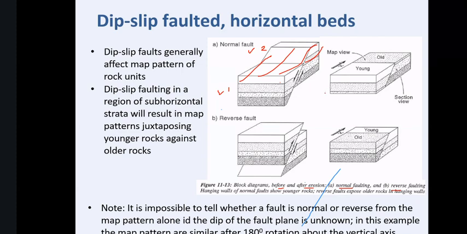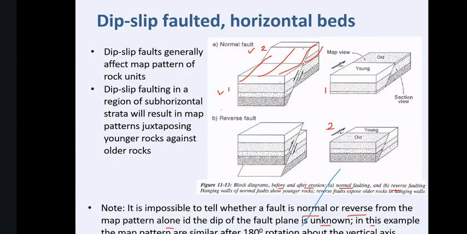This 1 and 2. So it is impossible to tell whether a fault is normal or reverse from the map pattern alone, if the dip of the fault plane is unknown. In this example, the map patterns are similar after 180 degrees rotation about the vertical axis.